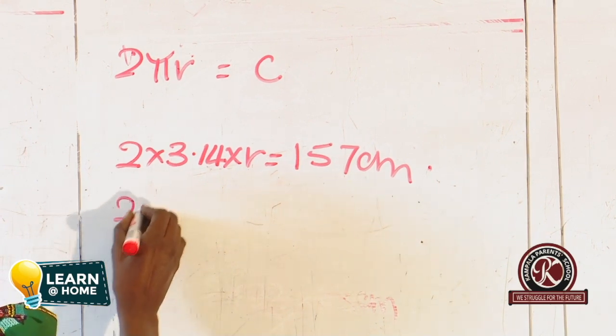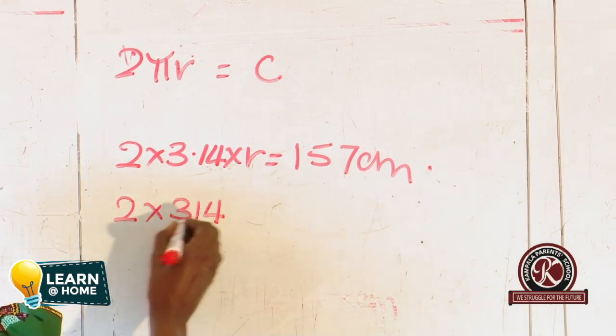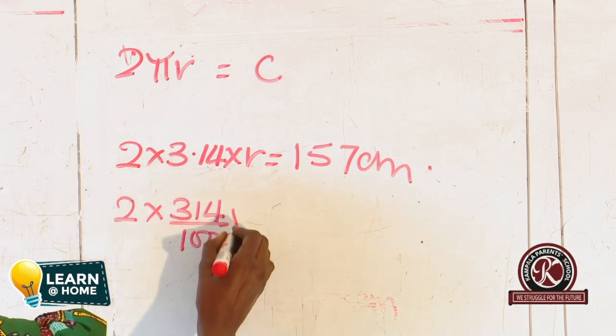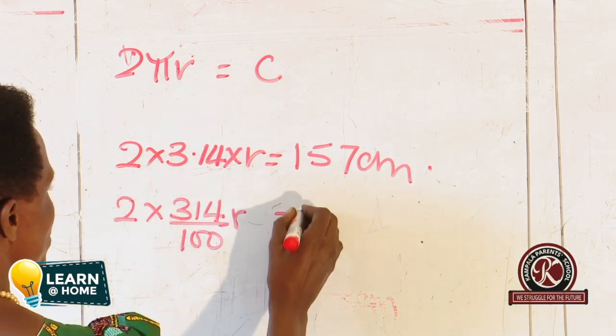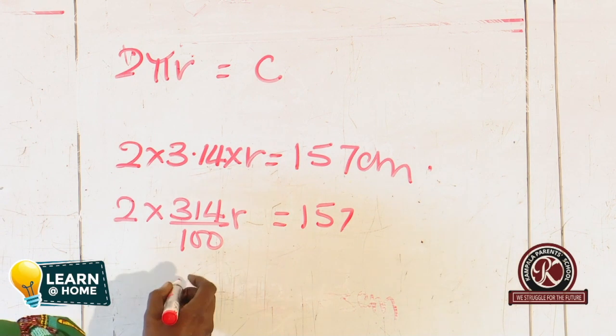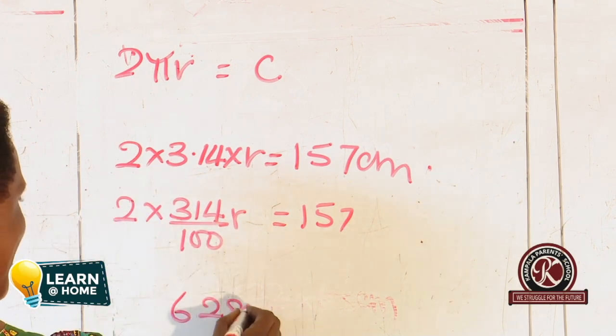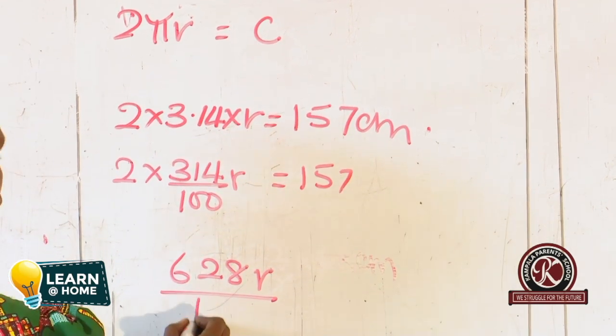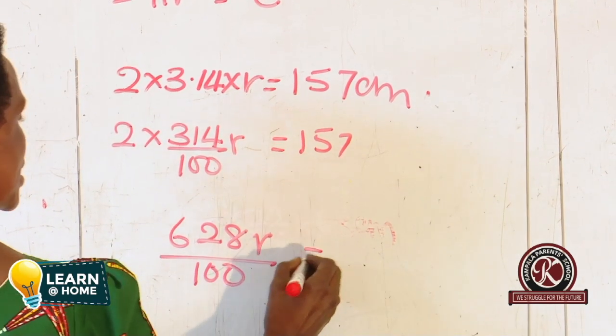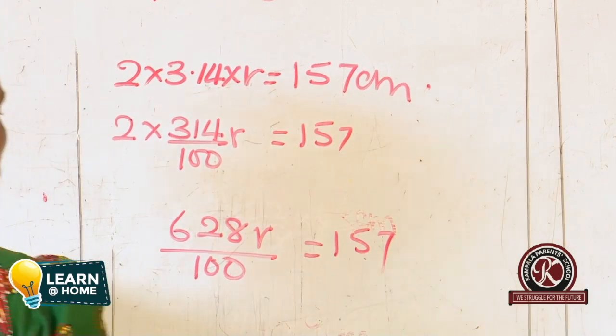So we have 2 times 314 out of 100, r will give us 157. So 2 times this, you get 628 r out of 100, which is equal to 157.